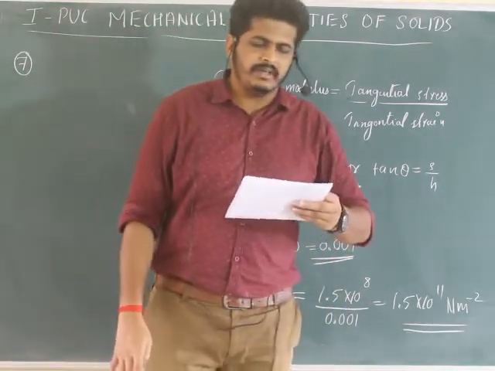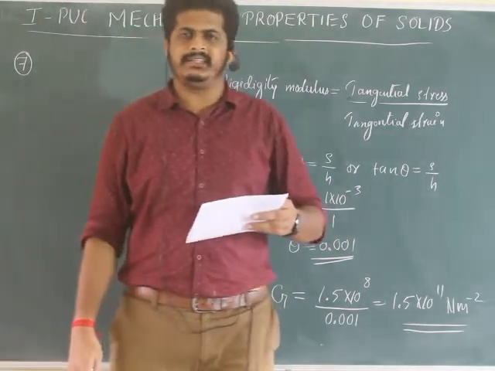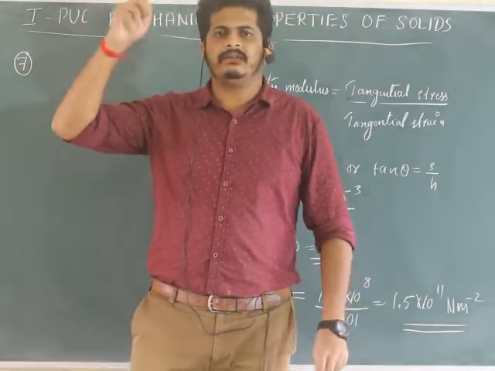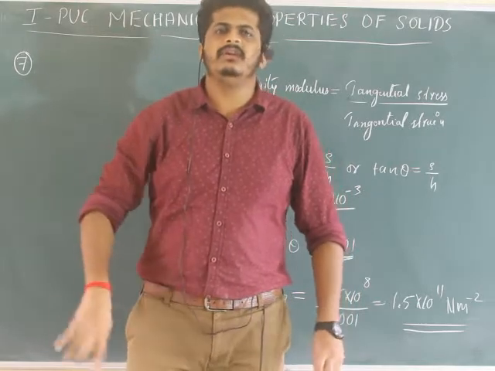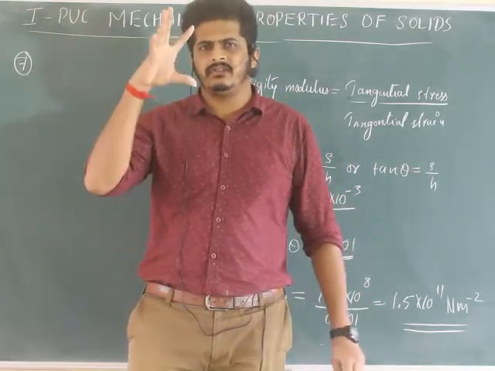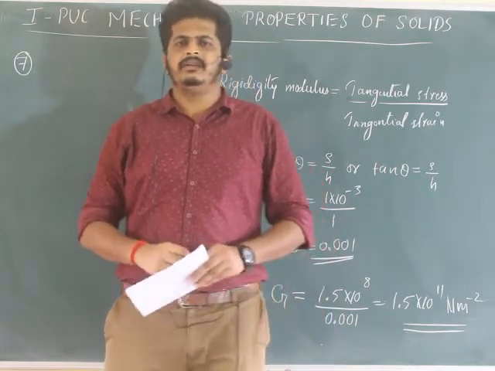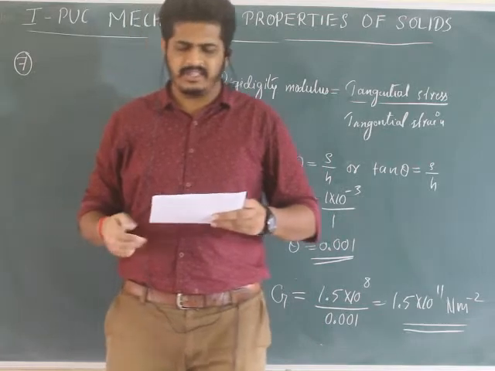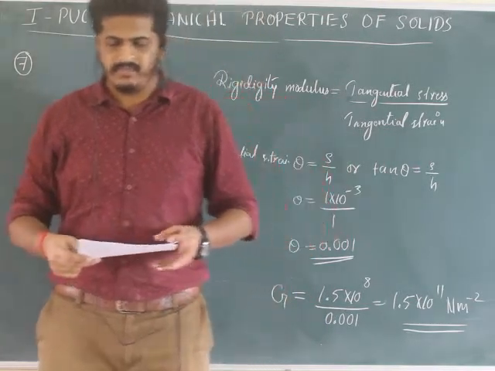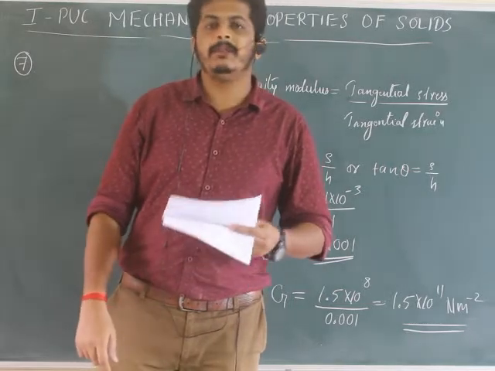When a rubber ball is taken to a depth of 100 meter in sea, we can understand that high pressure is there. From which direction? All the directions. The rubber ball is spherical in shape, so there will be pressure from all 360 degrees, three-dimensional space. Volume decreases by 0.1%.